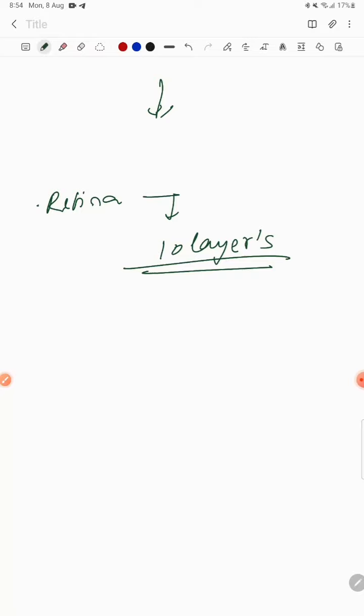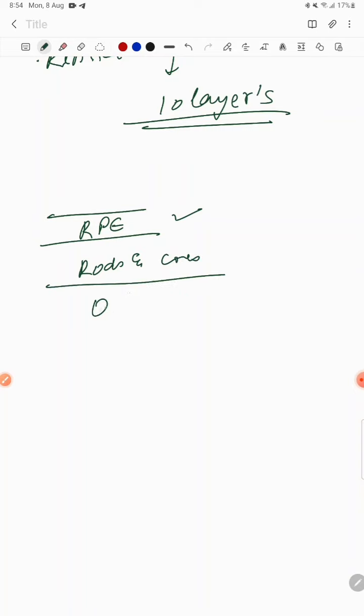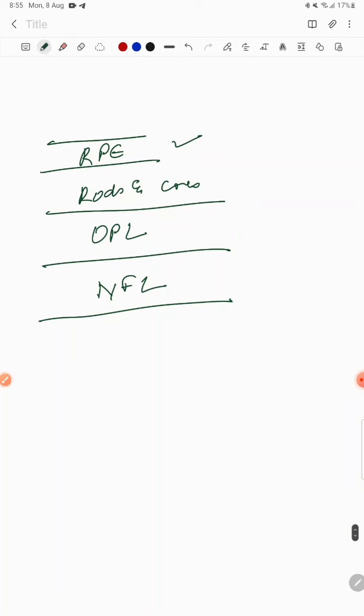But what is important to me now is the layer of RPE, okay, rods and cones, then the outer plexiform layer, then the nerve fiber layer. Now what is important to me is the outer plexiform layer and the nerve fiber layer. Remember these two layers.